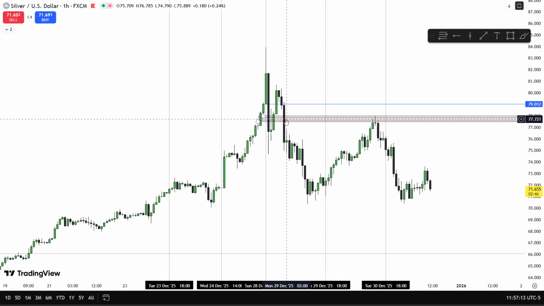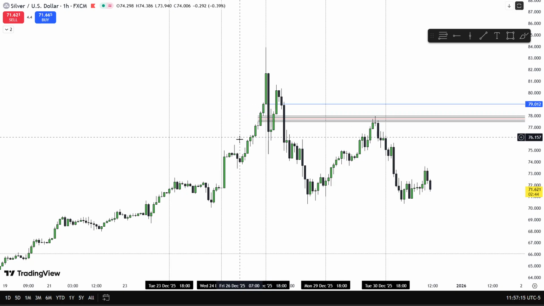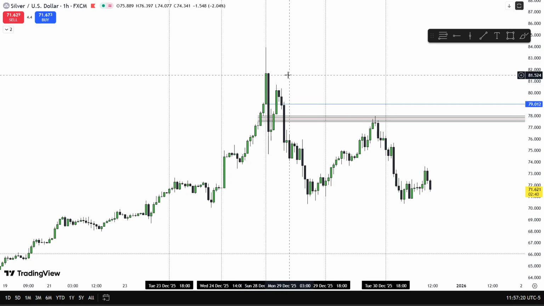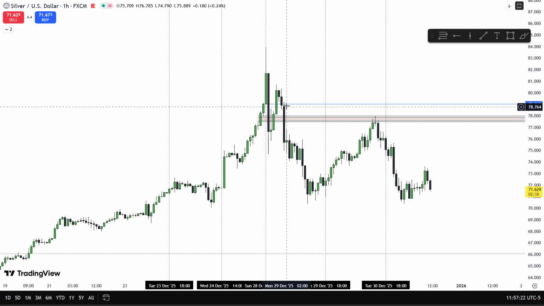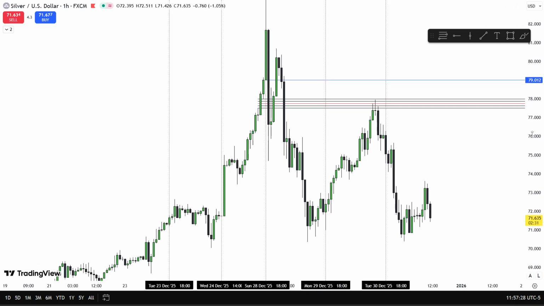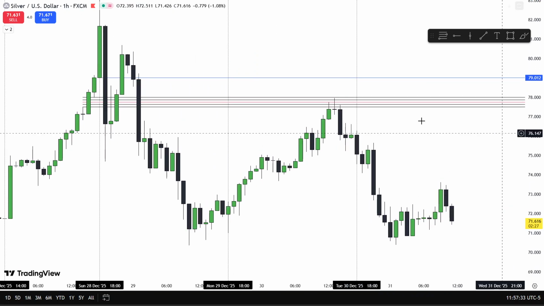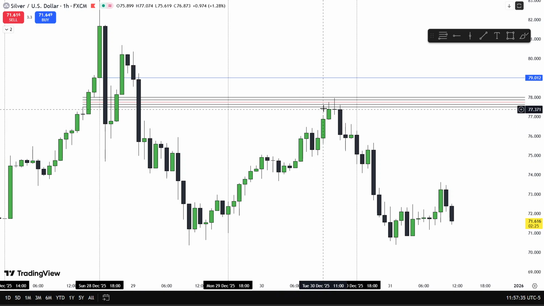Can we see another imbalance before this down movement was initiated? This imbalance with the upside. This is up, this is down, this is a balanced price range. That's why I'm using this. You can use this as well. Check how price is respecting these levels.